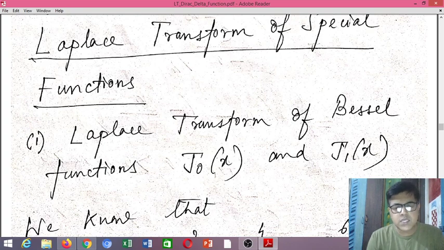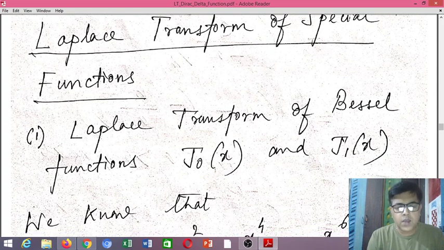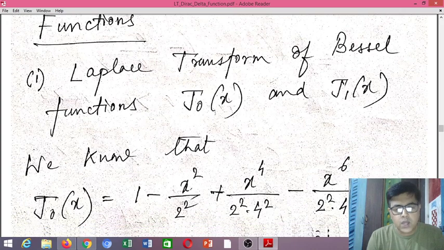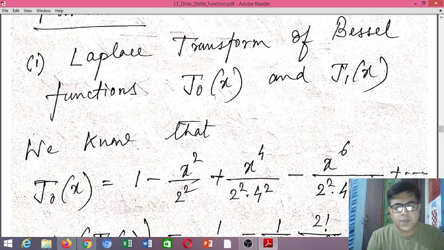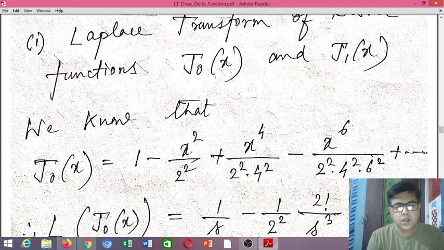Now in this case, we'll be trying to find out the Laplace transform of the Bessel function of order 0 and order 1.